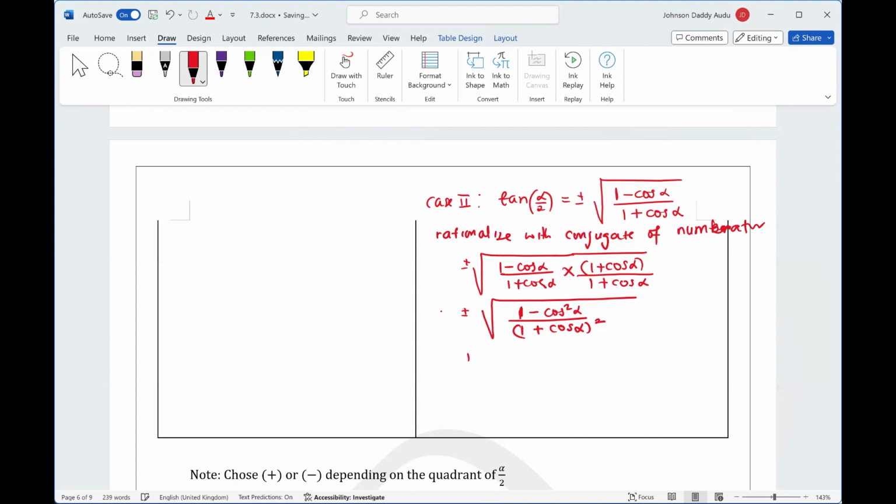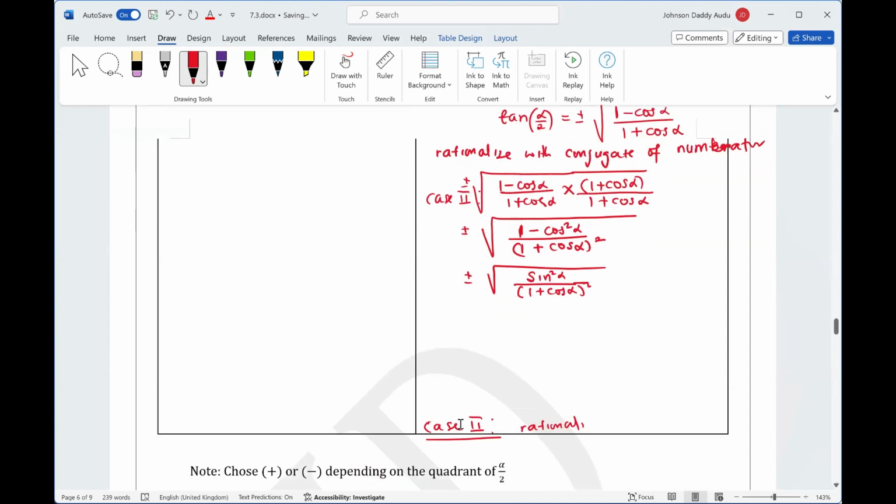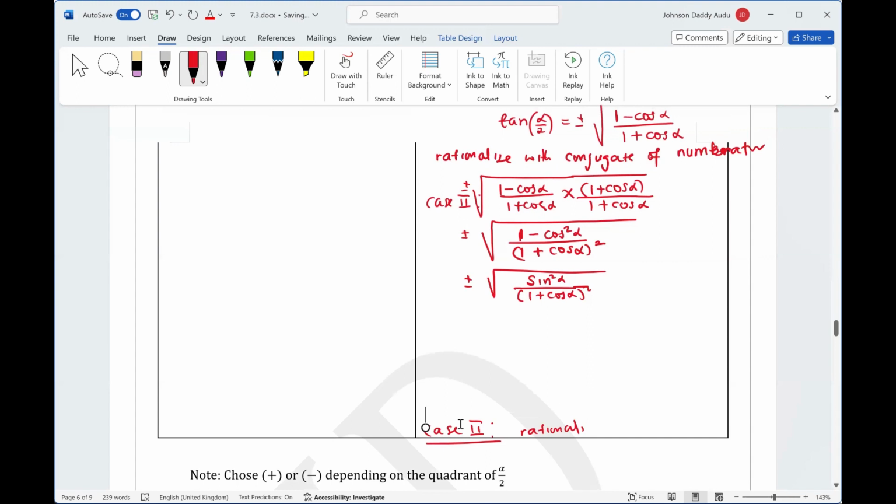And now this you can rewrite as what? 1 minus cosine squared alpha is what? It is sine squared alpha over 1 plus cosine alpha all squared. So here we can take the roots.